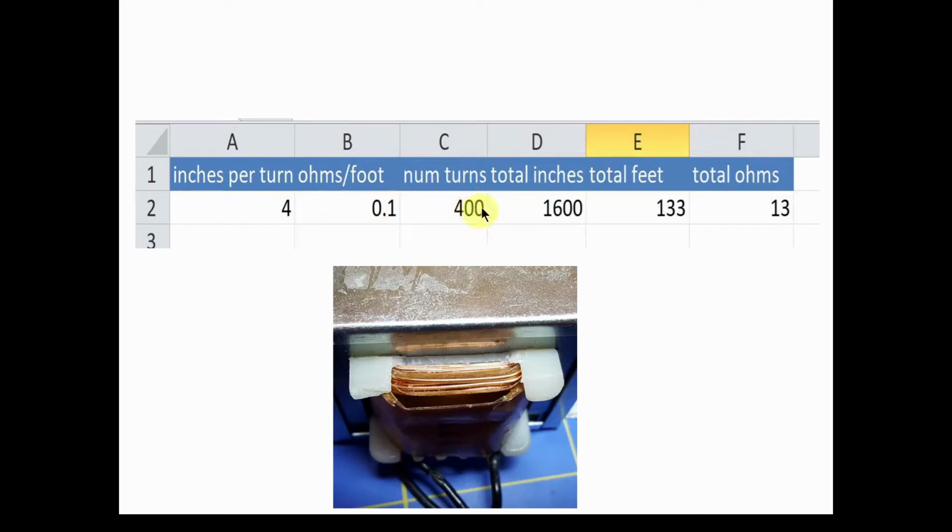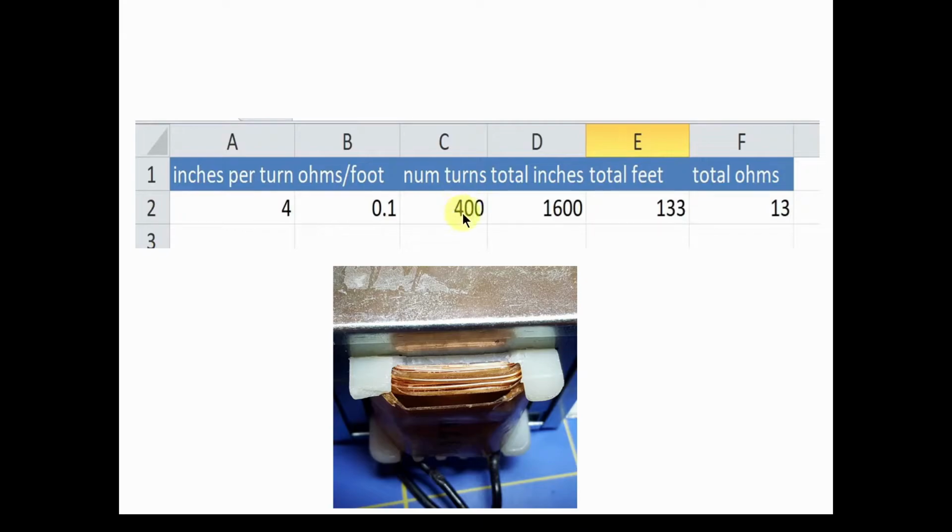Number of turns. This is just a guesstimate. If you've got 120 volts and you've got 120 turns, that's 1 turn per volt. I'm going to assume more than that, maybe 400 turns for 120 volts. Again, it's a guess. You could go through the design to figure out the more likely number, but just for a ballpark, I'm going to say there's 400 turns in this primary.